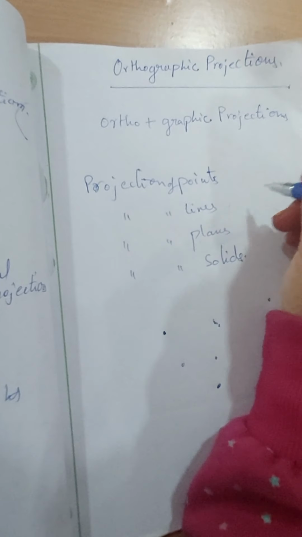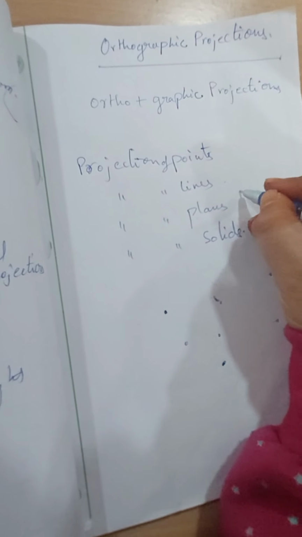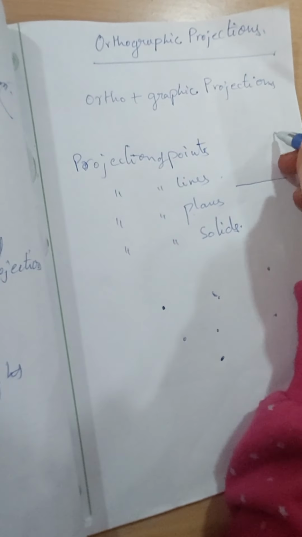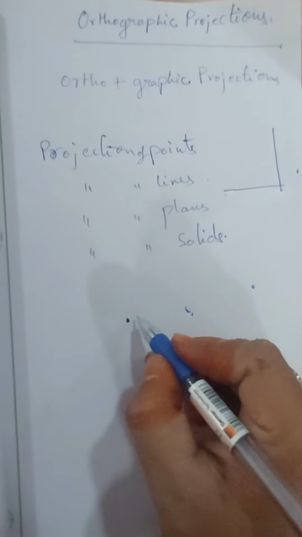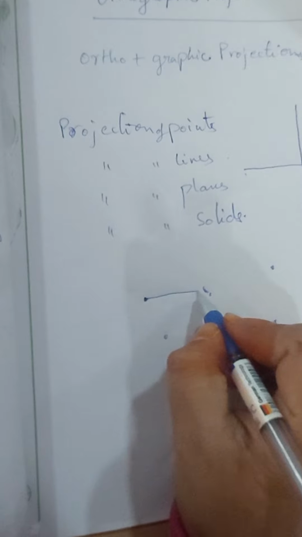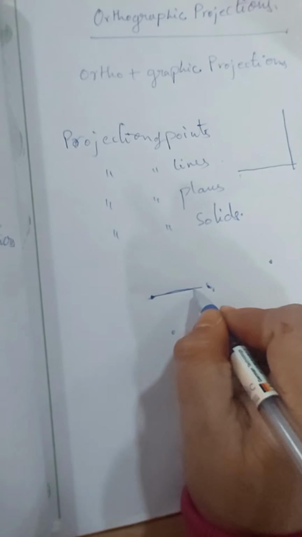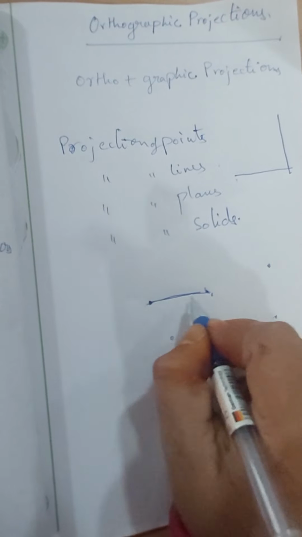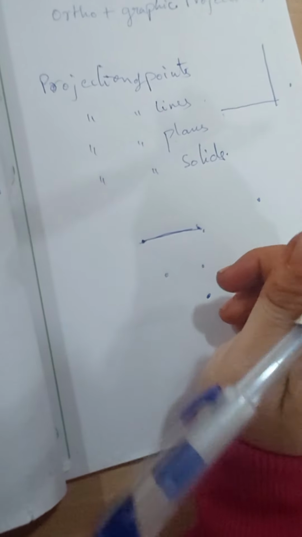And next, line. A line is a one-dimensional object which we can define in a horizontal or vertical direction, having two endpoints. A line is also defined as the distance between two points in a plane or space. For example, this is one point and this is a second point. The distance formed by joining these two points is known as a line.